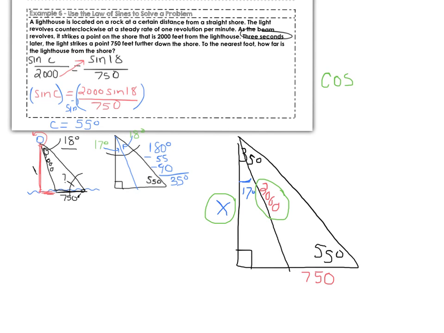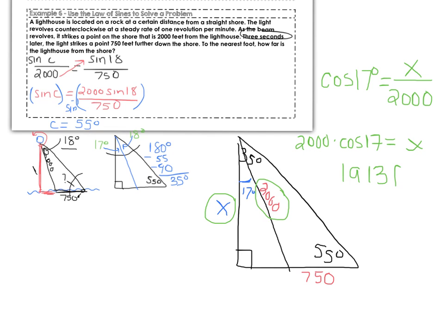So the cosine of 17 degrees is equal to its adjacent, which is x, over its hypotenuse, which is 2,000. Multiply both sides by 2,000, so we have 2,000 times cosine of 17 degrees is equal to our x, which is a total of 1,913, and I believe we're using the unit of feet.